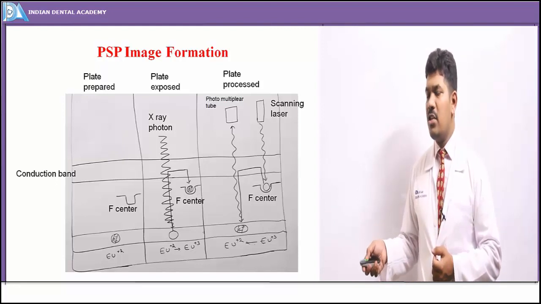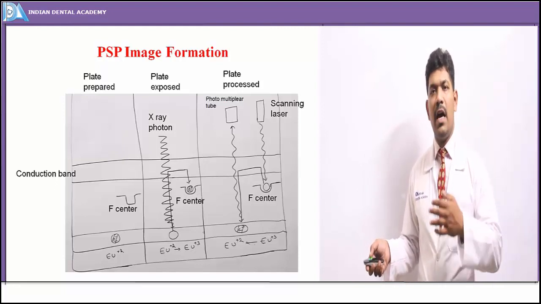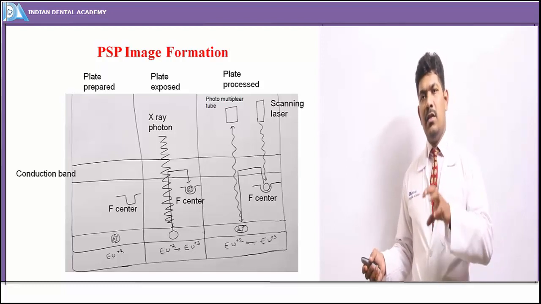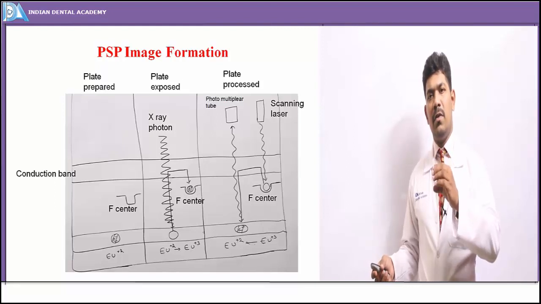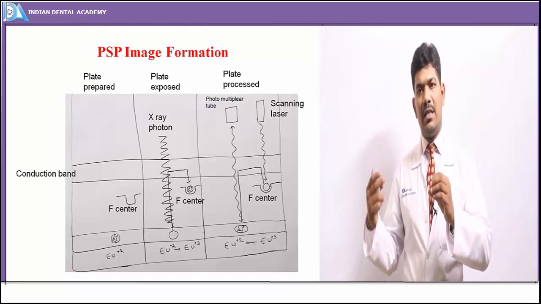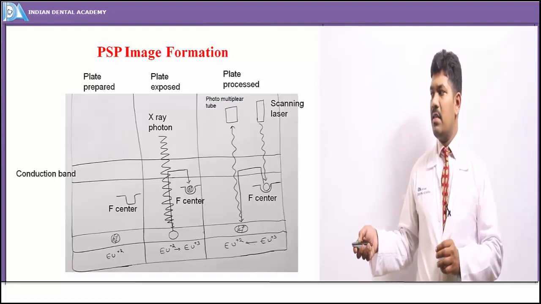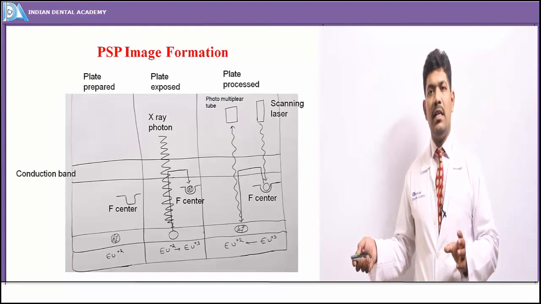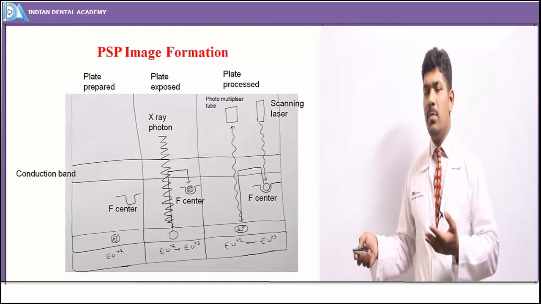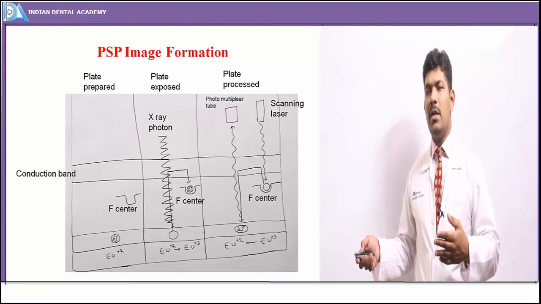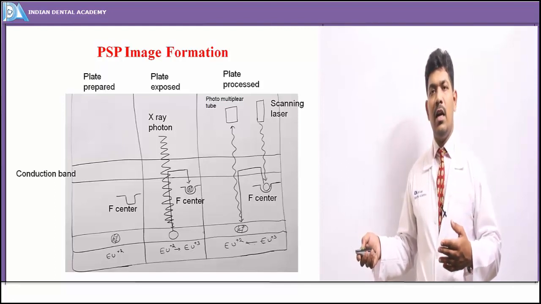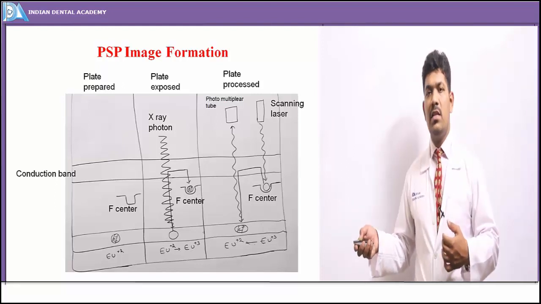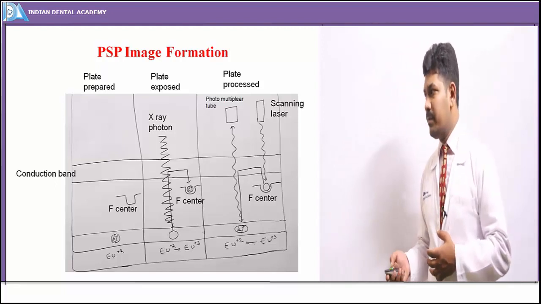In this conversion process, an electron from a higher energy level comes back to its lower, more stable energy level, and this loss of energy, the degree of which is directly proportional to the incident X-rays, is given out as light of a different wavelength. Now this specific light signal is minimal in amount, so it has to be multiplied, which is done by the photomultiplier tube, and depending upon the signals received from the various parts of the sensor, it is then processed and the final digital image is produced.